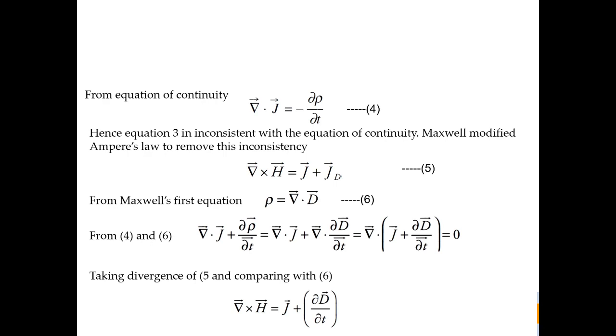What we're going to do is replace this rho from equation 6 back into equation 4, which is the continuity equation. I have the divergence of J plus divergence of del D upon del T equals 0, and just factoring out the divergence, we have del dot of J plus del D upon del T equal to 0.